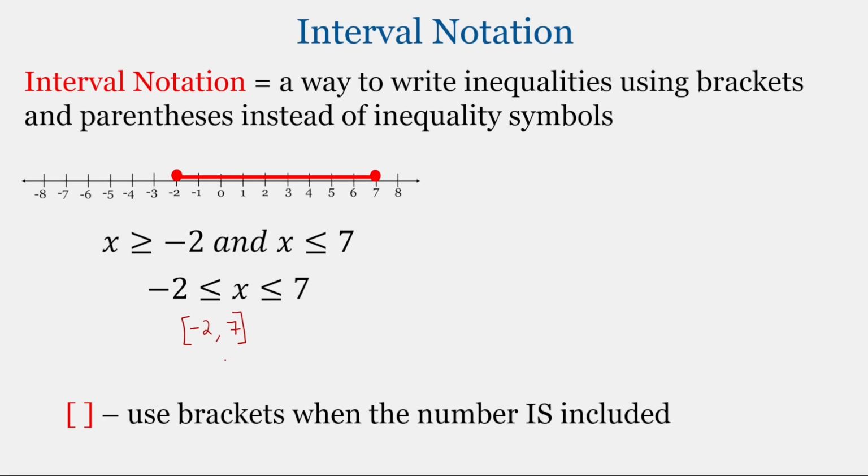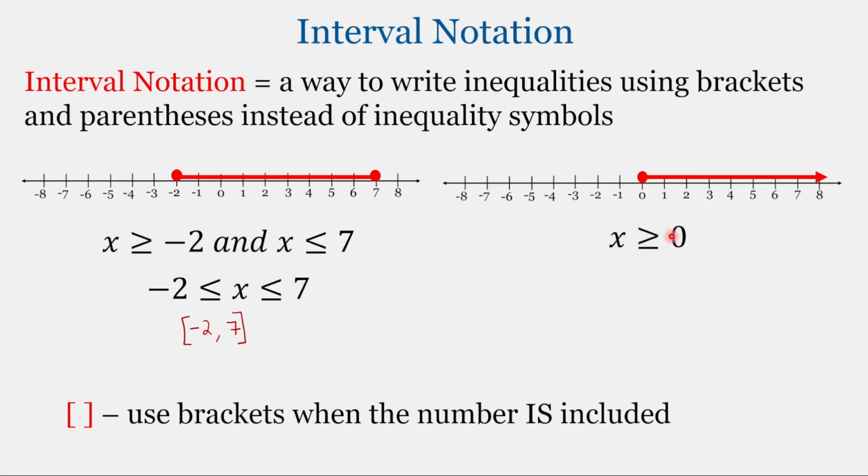So we use square brackets when the number is included. This notation here, [-2, 7], represents the interval of all numbers between -2 and 7, including both -2 and 7.